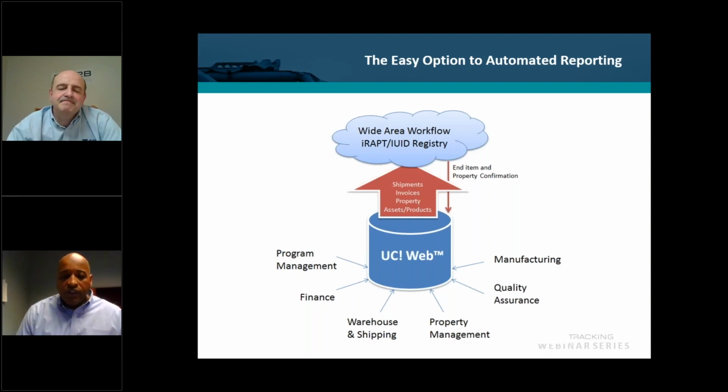Yeah, and really what you're seeing here is an aggregation of all your data and being able to repurpose, reuse, and get all that data filtered up into your report. So doing your reporting, if you've got data flowing from manufacturing, from warehouse and shipping, from finance, program management, property management, all that, whether you're processing DD 1149s or DD 250s, you've got the ability with UC-Web to do all of your reporting into DoD systems.